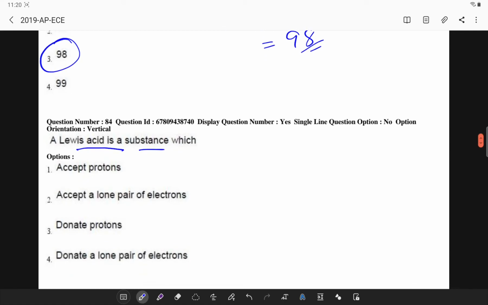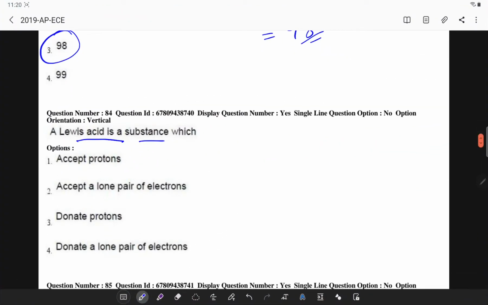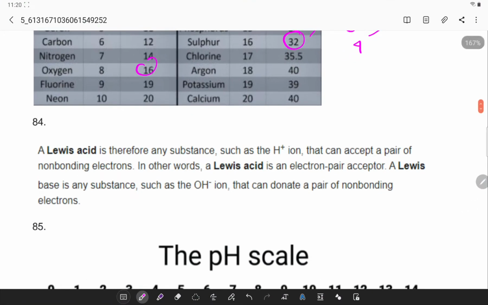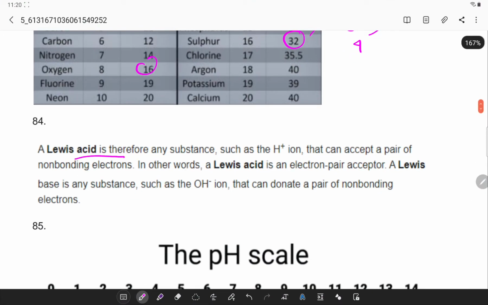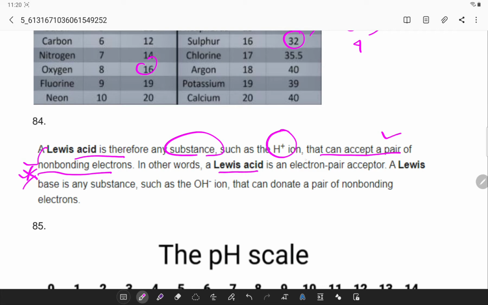so here, what exactly is a Lewis acid? A Lewis acid is a substance which accepts a lone pair of electrons. I'll explain why. A Lewis acid is any substance, such as the H plus ion, which can accept a pair of non-bonding electrons. This is an important point. So we can also say a Lewis acid is an electron pair acceptor.